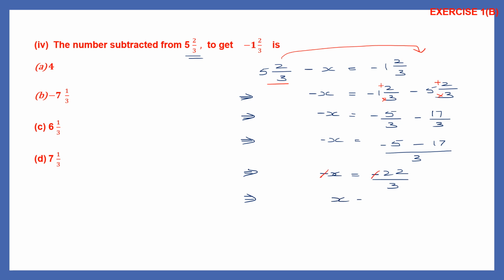So x is equal to, convert 22 by 3 to a mixed number. 22 by 3, 3 sevens are 21 minus 1. So what is our mixed number? 7, 1 by 3. So what is our answer? The number that is subtracted from 5 2 by 3 is 7, 1 by 3, which is option D. So the answer is 7, 1 by 3.